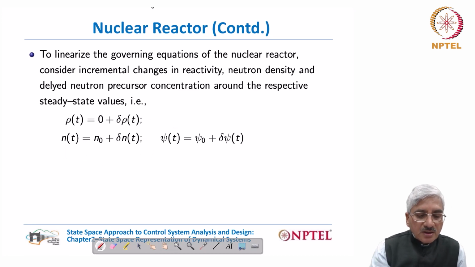So around this steady state, we consider incremental changes. The steady state reactivity is 0, and the incremental change is Δρ. The steady state neutron density is n0, and the incremental change is Δn. The steady state delayed neutron precursor concentration is ψ0, and the incremental change is Δψ.